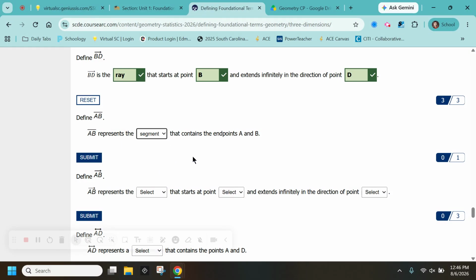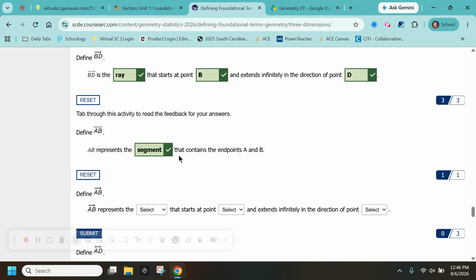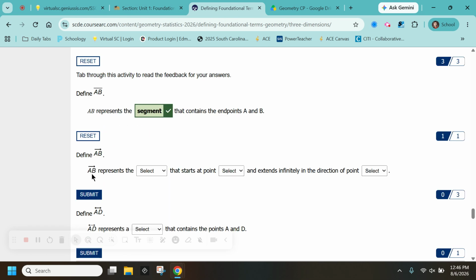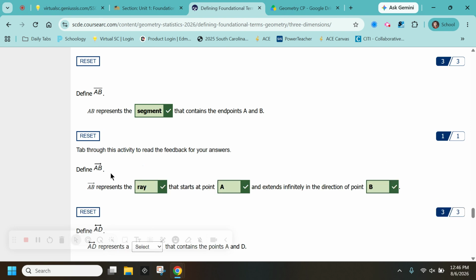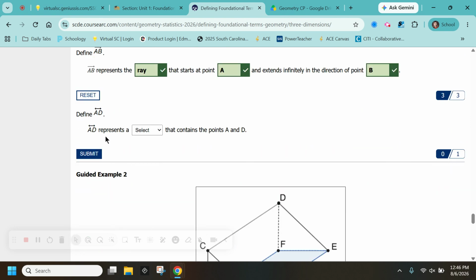There are no arrows, so it contains the endpoints A and B. AB with 1 arrow, again, is a ray that starts at point A and extends through point B. And then AD has 2 arrows, and that makes it a line.